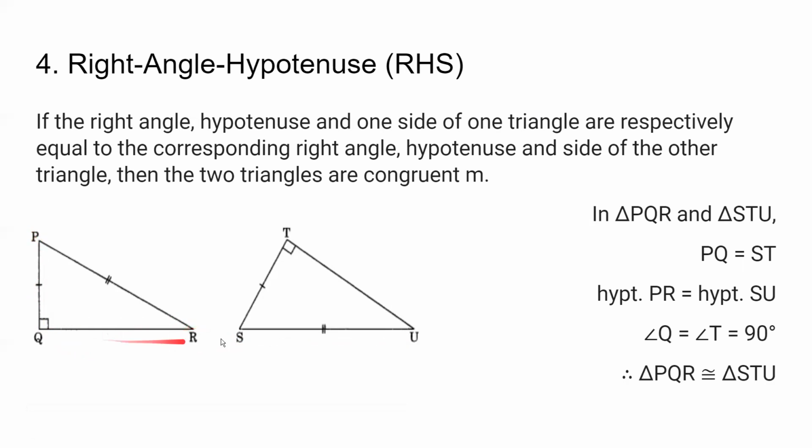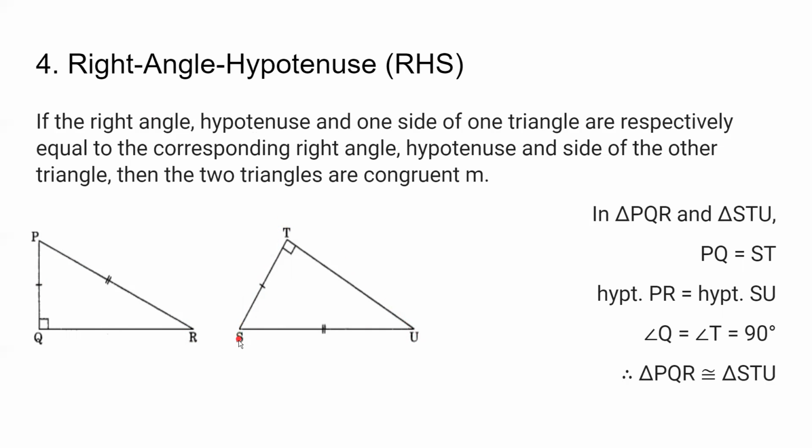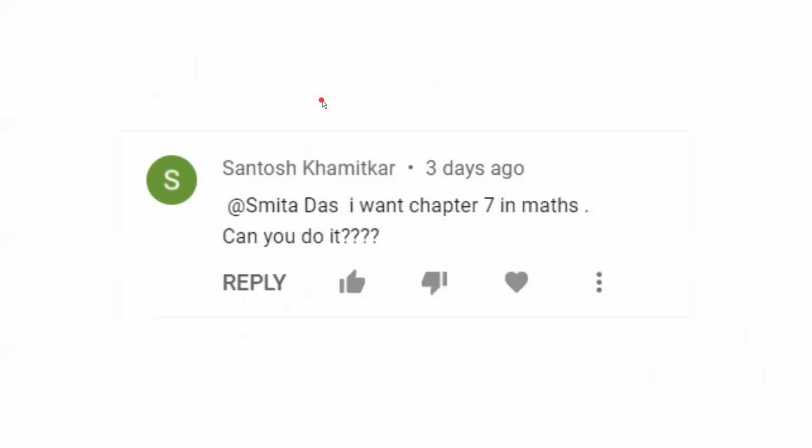PQR is a right angle, and STU is a right angle. So we can conclude that triangle PQR is congruent to triangle STU by the criterion of RHS, that is right angle hypotenuse.